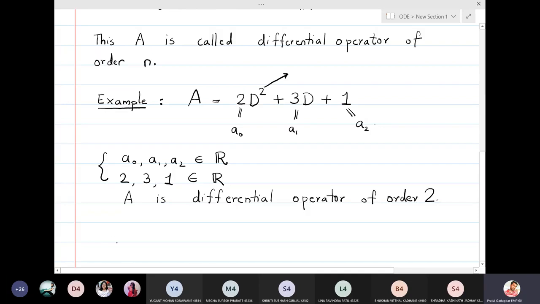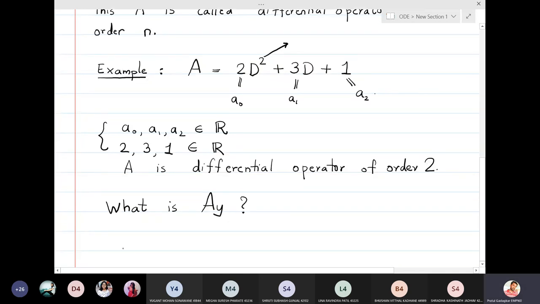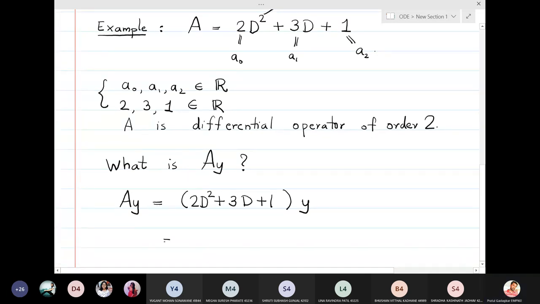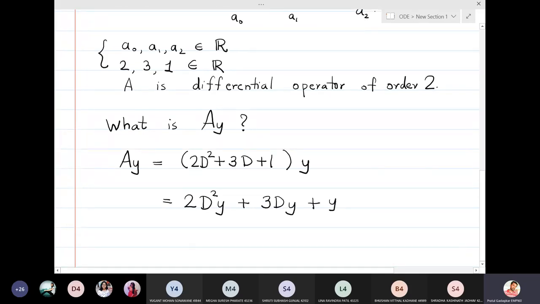Now what is Ay? Ay is equal to, let me write it. A is 2D square plus 3D plus 1, applied to y, which is equal to 2D square y plus 3Dy plus y. What was D square?